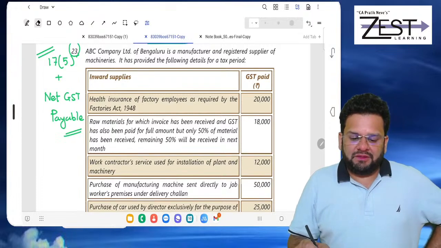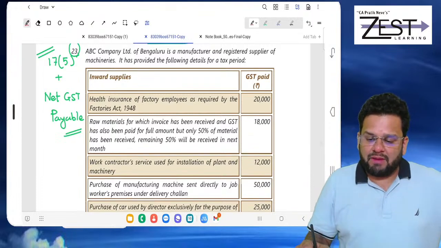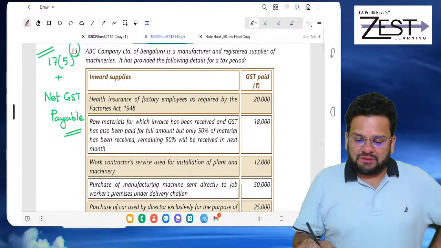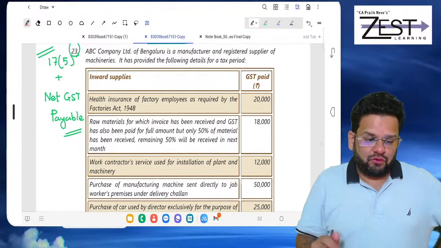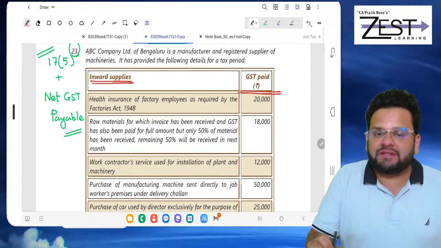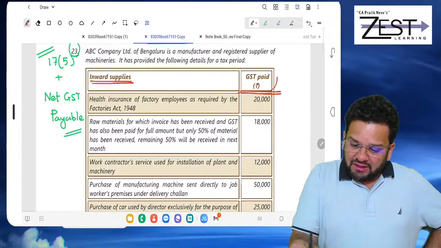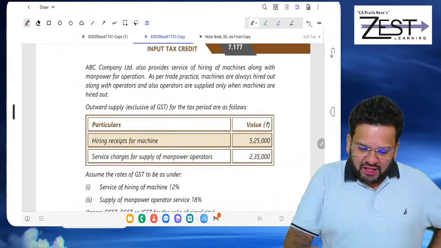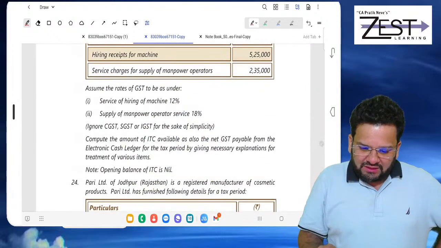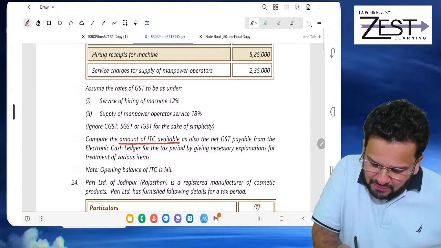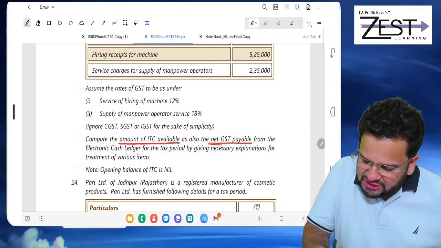ABC Company Limited of Bangalore is a manufacturer and registered supplier of machines. It has provided the following details for the tax period. Details are given of inward supplies. On inward supplies, the GST paid is given directly. And what is the end question asked? The question asked is to compute the amount of ITC available and also the net GST payable.